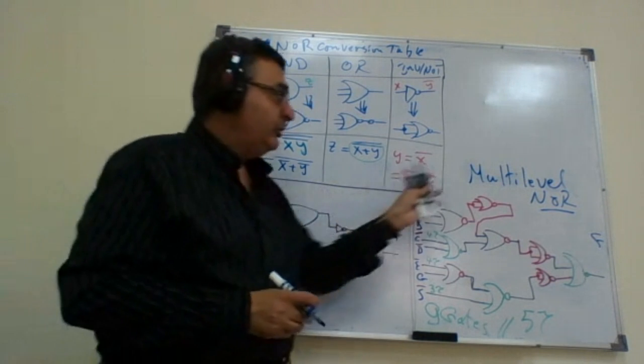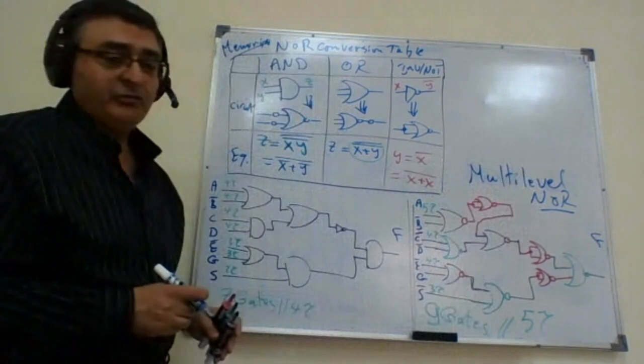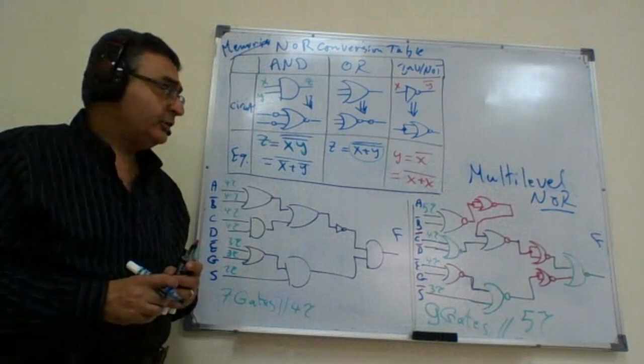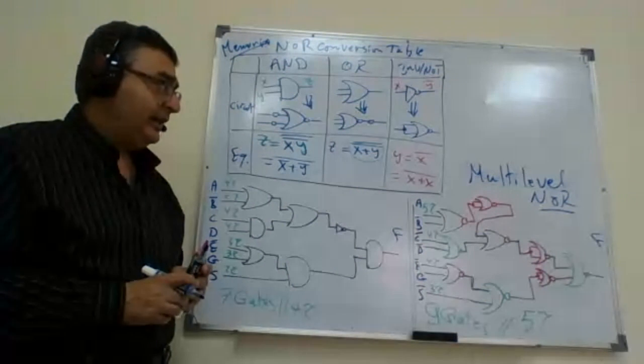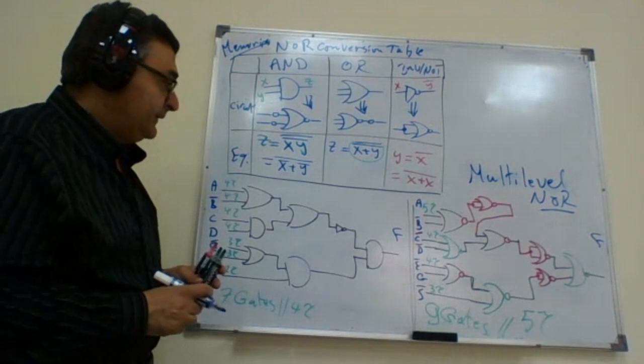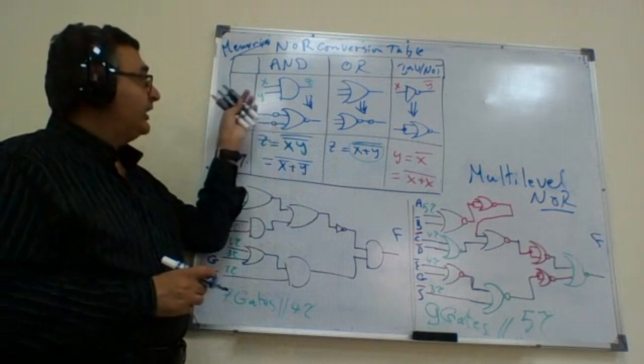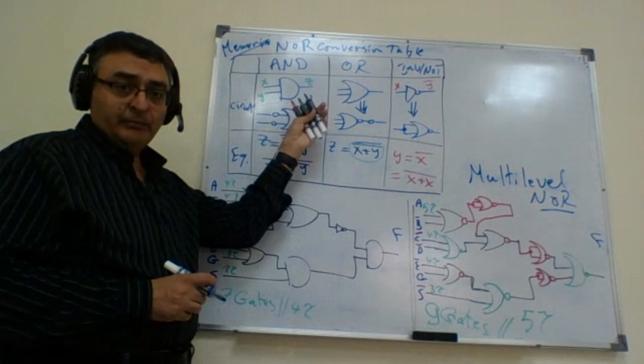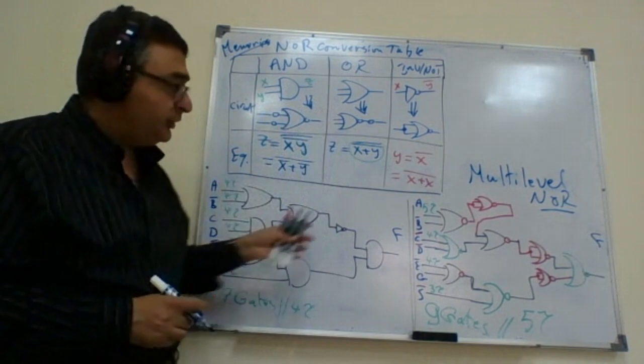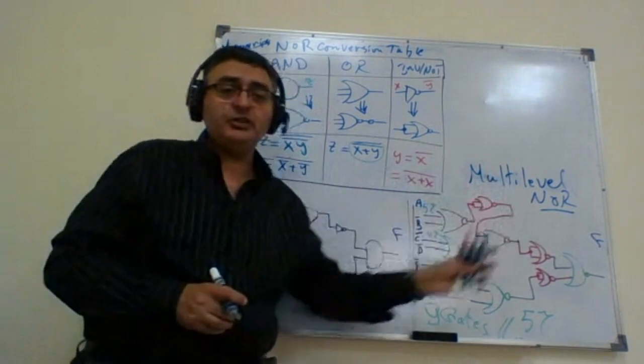So in this lecture, we have achieved the multi-level NOR, and in the previous lecture, we achieved the multi-level NAND. Okay? And by the way, the technique that we have used here is using the circuit diagram. I'm on the circuit, removing the gate and replacing it with the other.